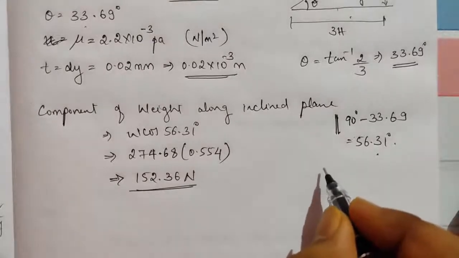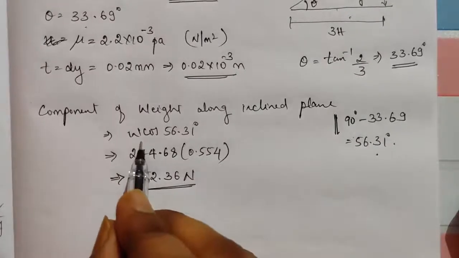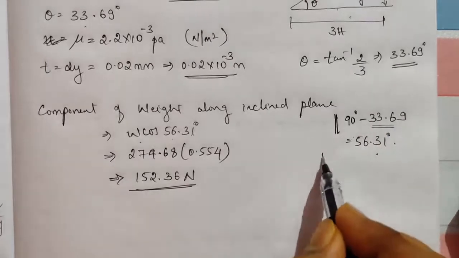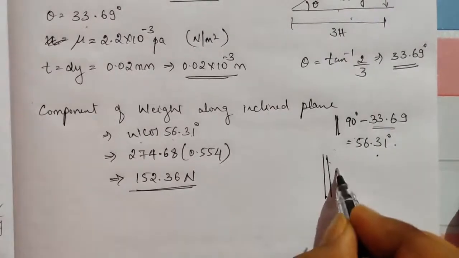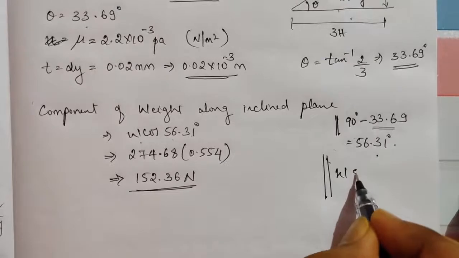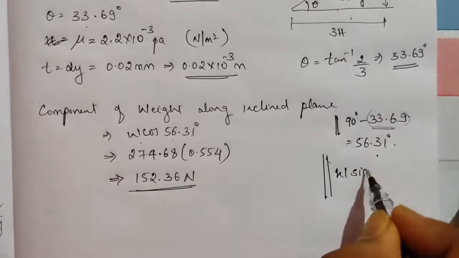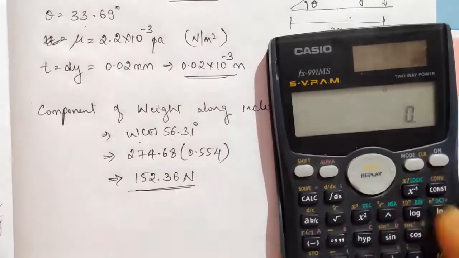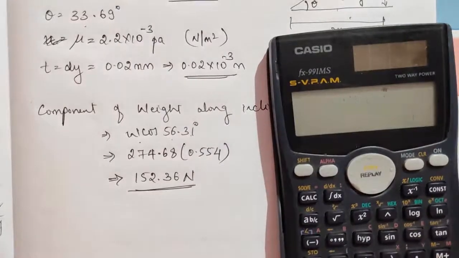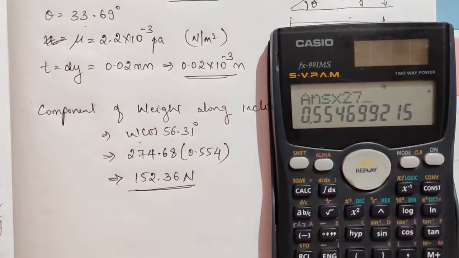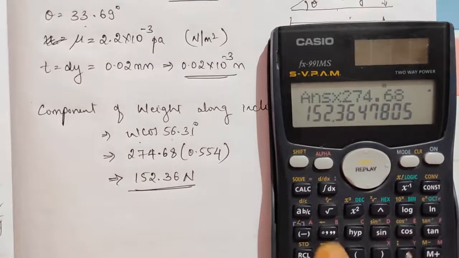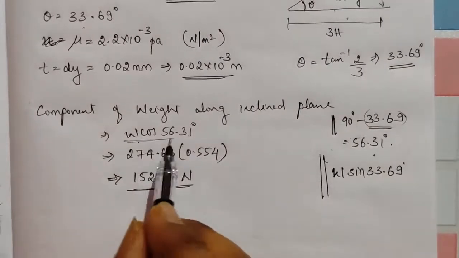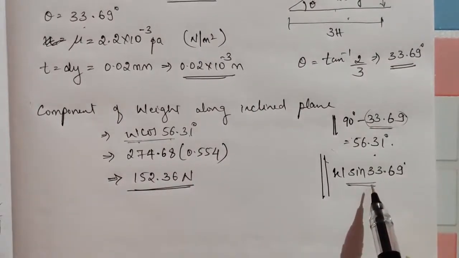Another method which I told is, instead of W cos 56.31, I can calculate the force as W sine of this angle, 33.69 degree. Sine of 33.69 times 274.68 is again 152.36. So either you can follow the cos one or the sine one.